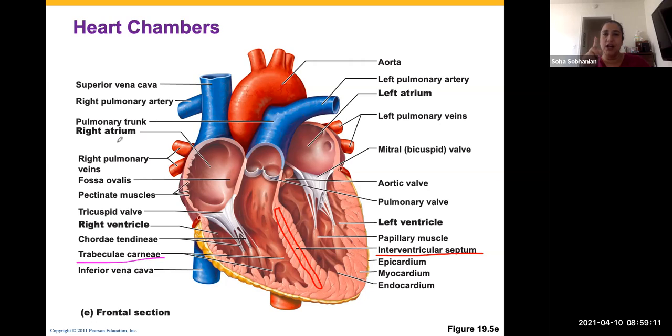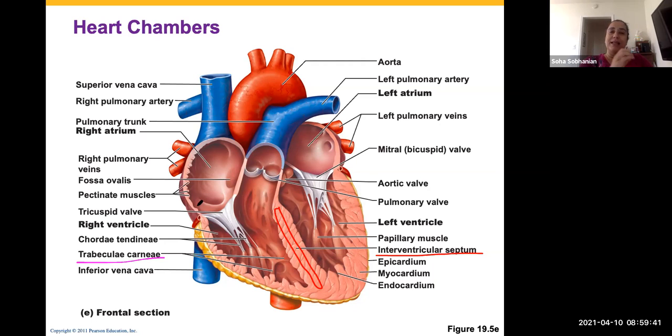For the veins that are coming into your right atrium, your heart is in the middle of your chest, right? Which means when I'm collecting blood that is deoxygenated, some of that blood is coming from my head, my neck, my arms, and the top part of my chest.